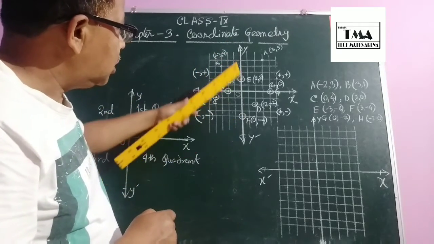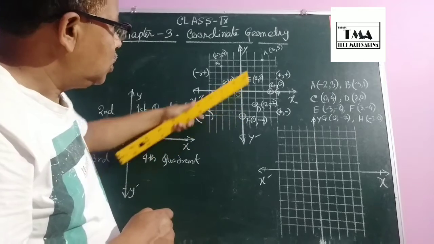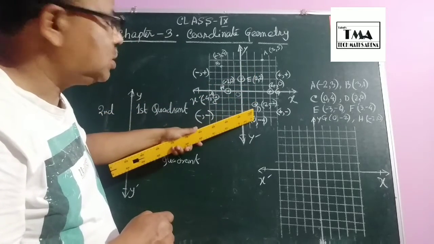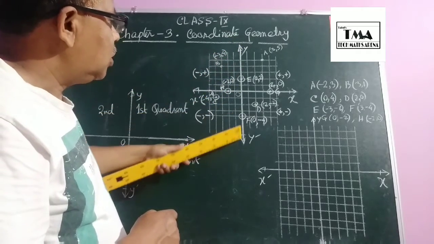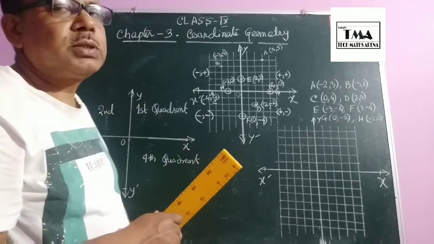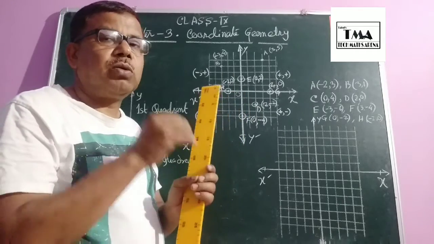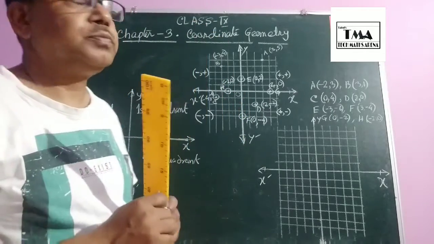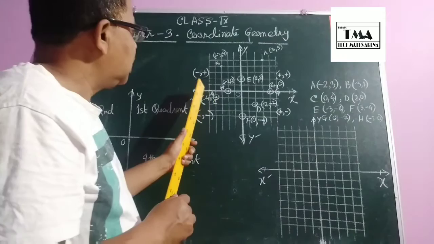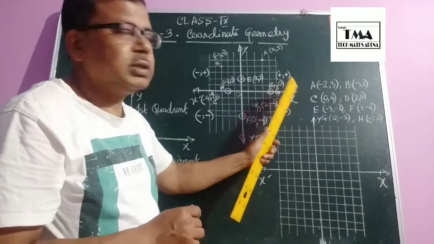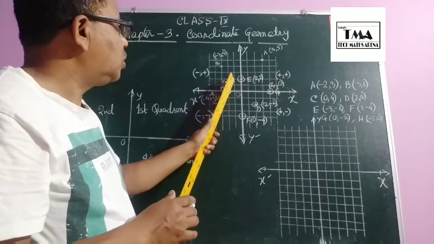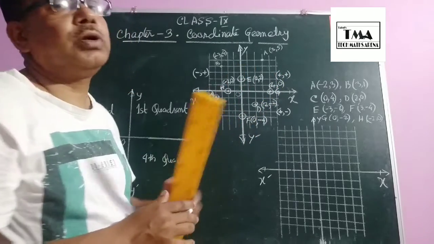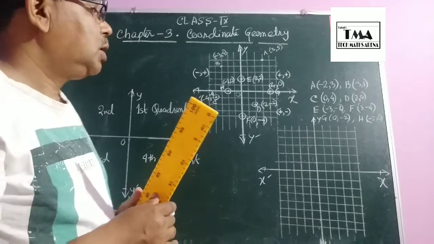For a point on the y-axis, the x coordinate is always 0. That means on the y-axis, the abscissa or x coordinate is always 0. And similarly, on the x-axis, the y coordinate, or ordinate, is always 0.